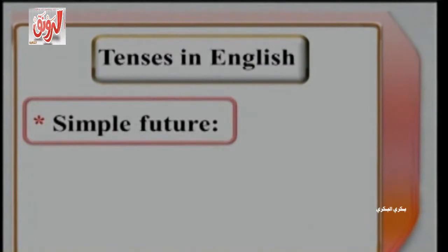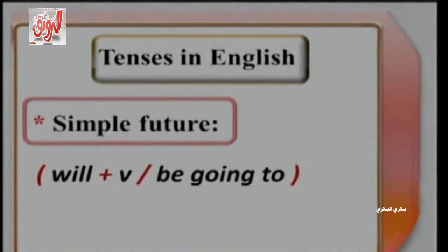Simple future. The simple future expects the action to be happening in the future. There are 2 ways of making simple future. You can use will with a verb, or you can use be going to.